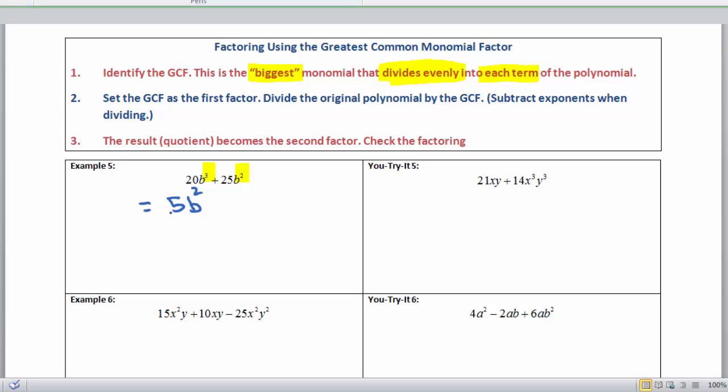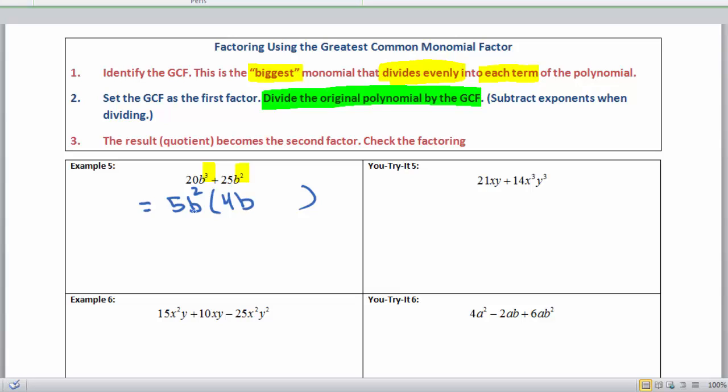Okay, so 5b to the second is my GCF, so that becomes my first factor. And then I'm going to open up a parenthesis for my second factor, because my second factor is going to be what's left after I divide the original polynomial by the GCF. When I divide 20b cubed by 5b squared, you've got to remember to subtract exponents, right? So 20 over 5 is 4, and b to the third divided by b squared is b to the 3 minus 2, so it's b.